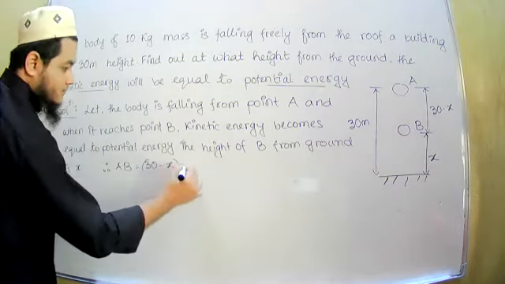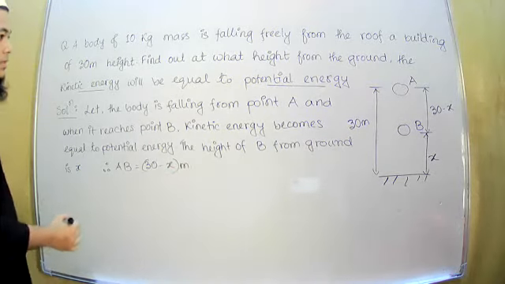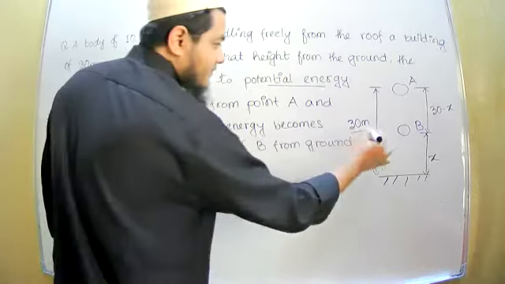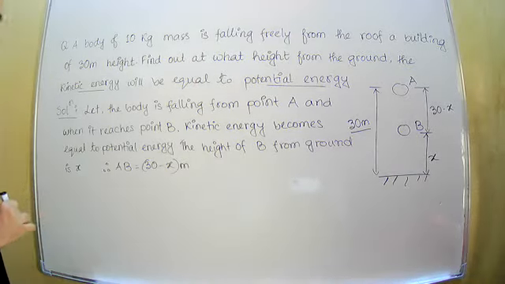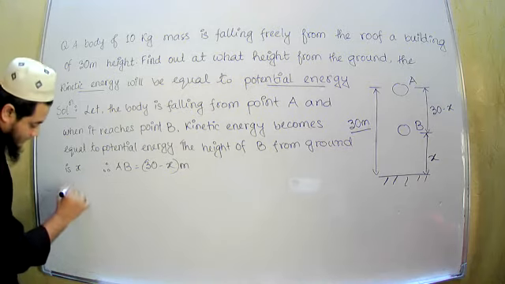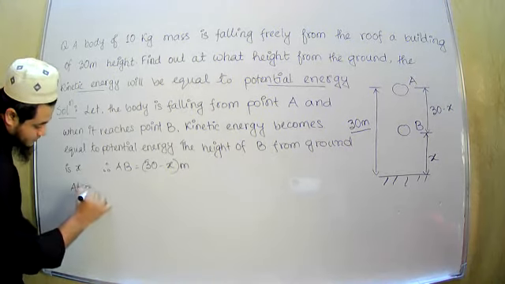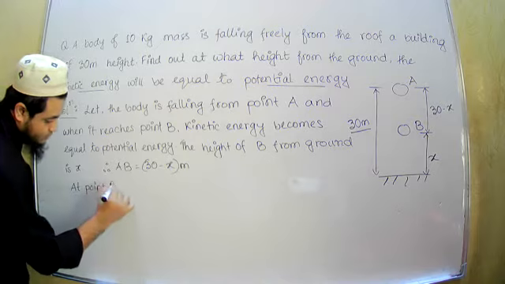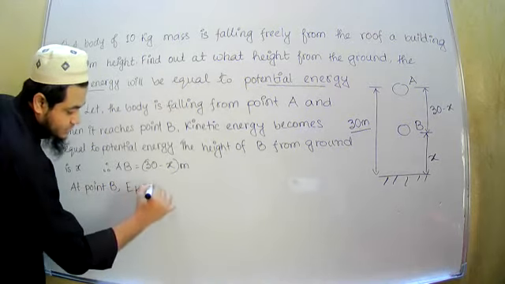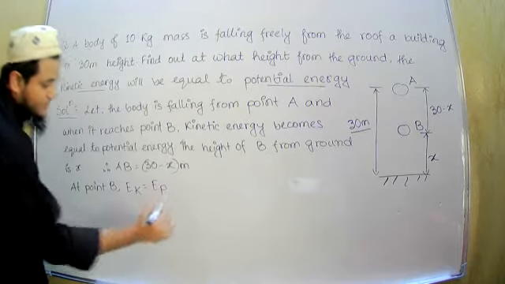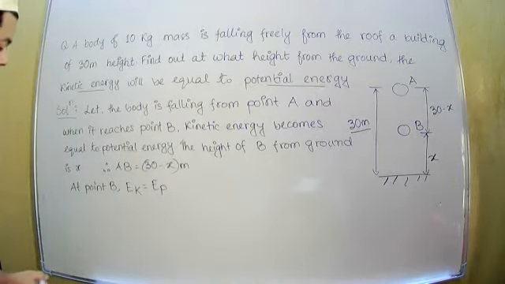meter, because our height is given in meter, so that is why I have considered this one also in meter. So at point B, what I can say, the kinetic energy is equal to the potential energy. Ek is equal to Ep.